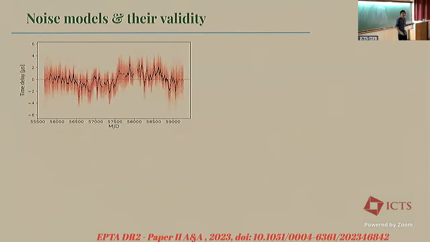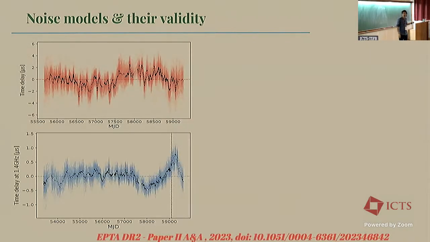Once you've built this, how do the noise signals look? Here is an example. Up there is an example of a red noise process in one of the pulsars in the EPTA DR2. And down there is a dispersion measure variation. So these are not physically measured processes.